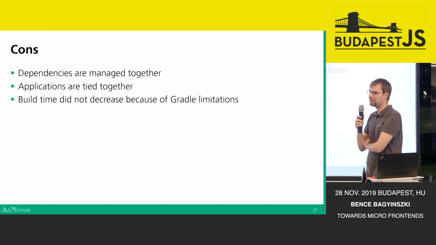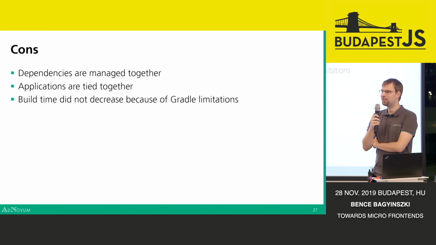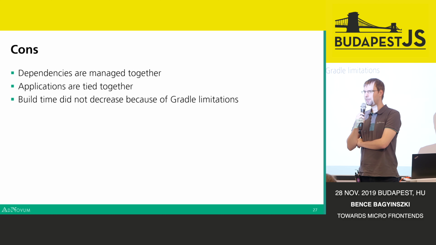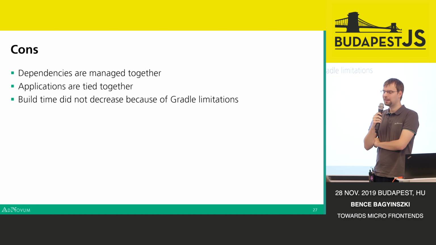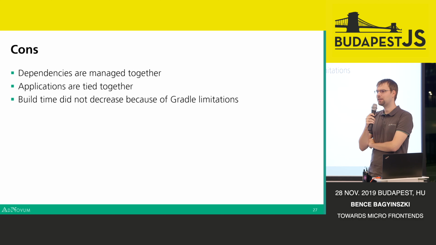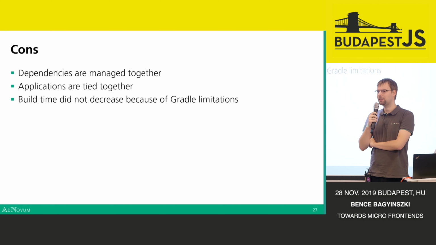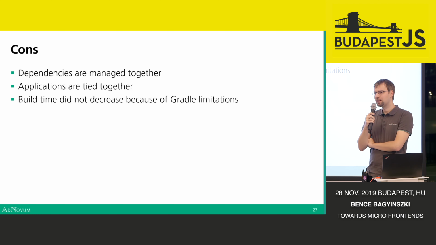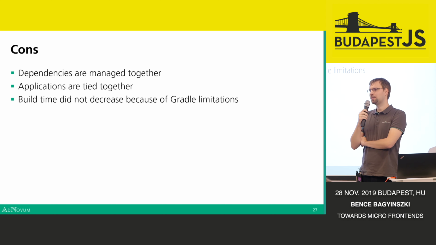And that's mainly because we did not count on one thing, and that's the limitations of Gradle. I did not mention that, but for the whole build infrastructure, we use Gradle. And it manages quite well to run independent tasks in different projects in parallel, but it can only do this between projects.